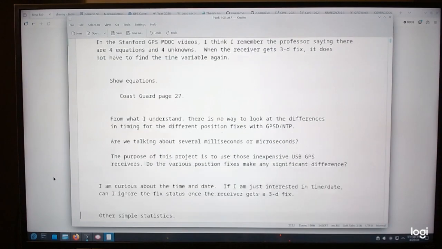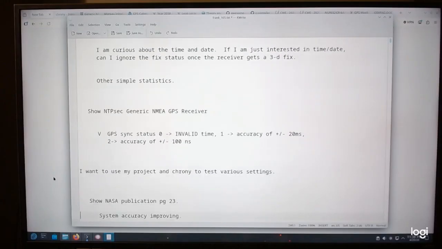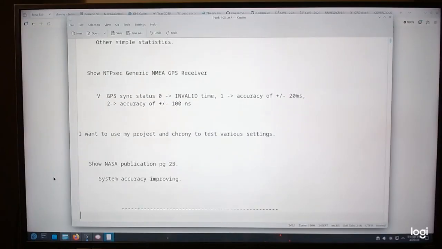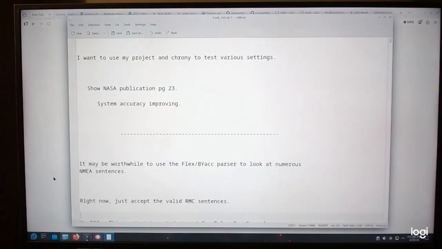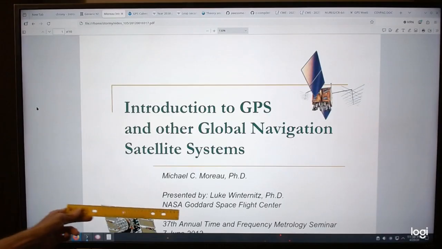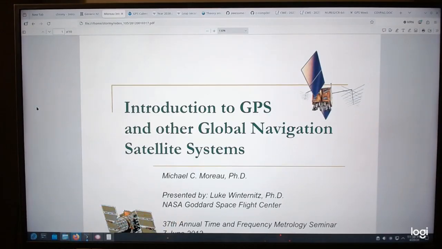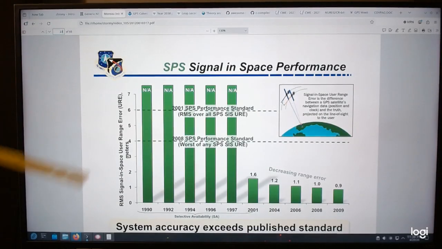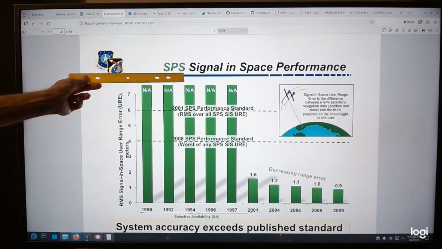Let me get back here. Where am I at here? Now, another thing I just want to bring to your attention. This is from one of the NASA guys, and I think it's page 23 that I want to go to.